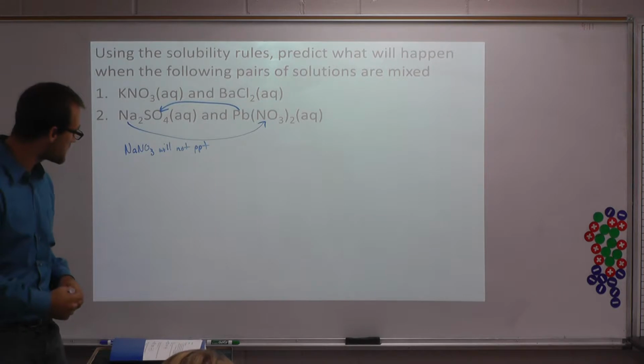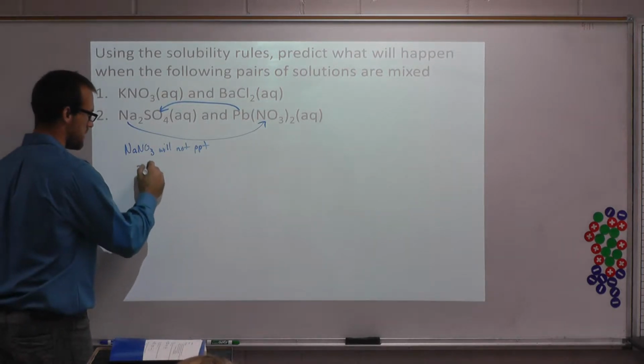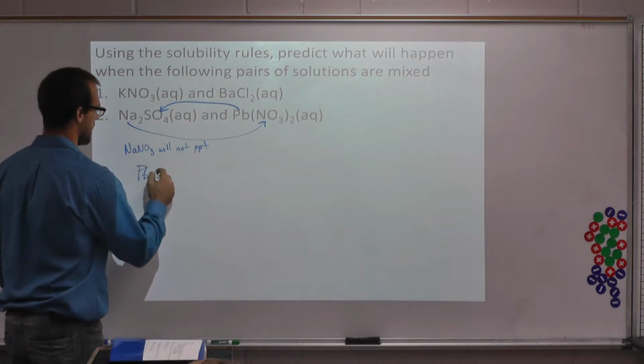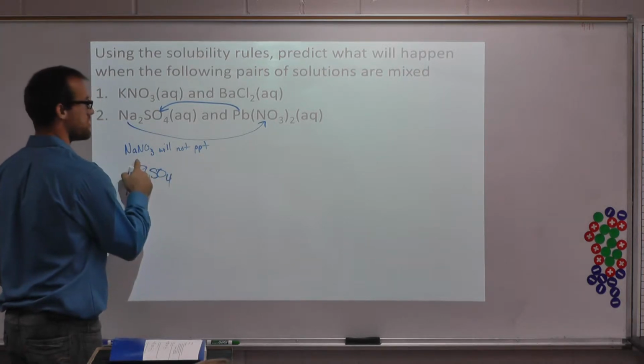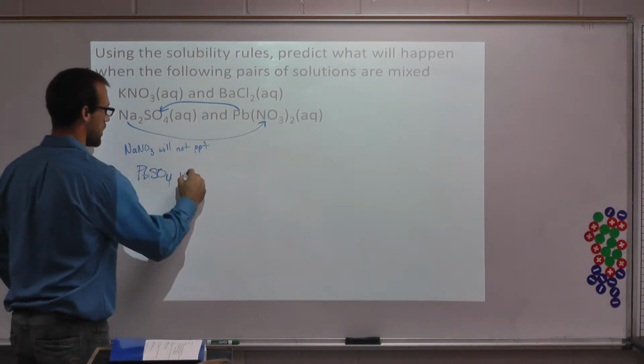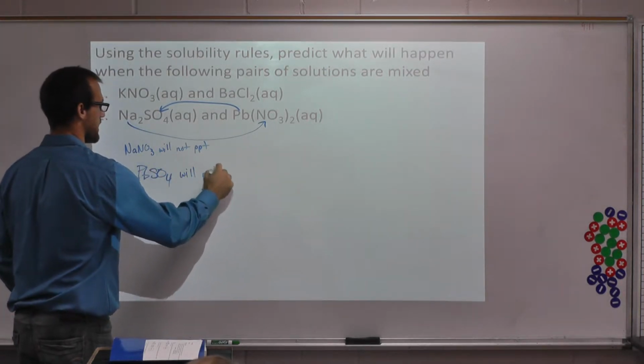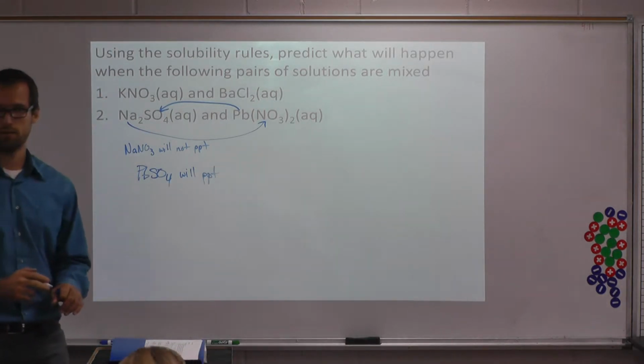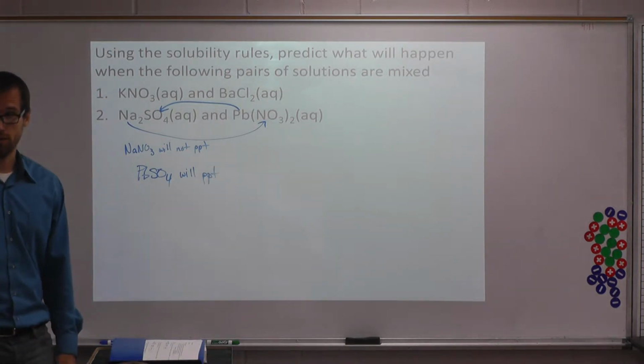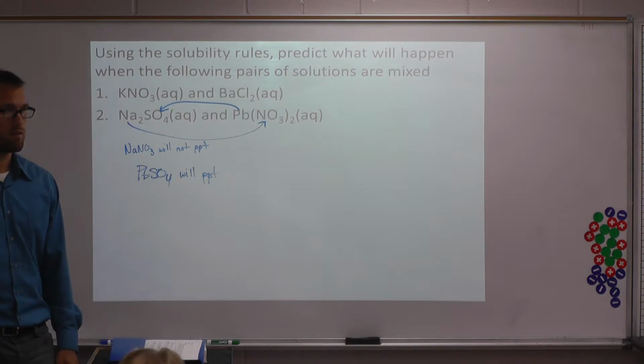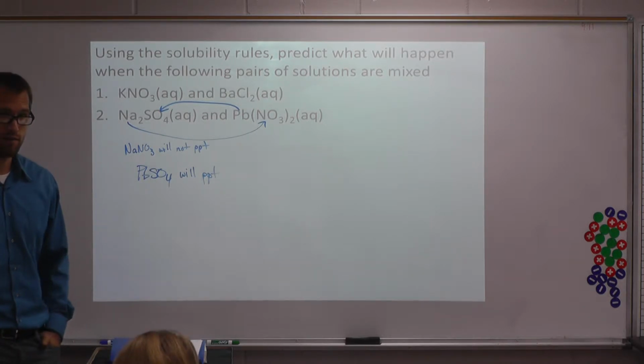So for this, we would say PbSO4, that's 2 minus, will precipitate out. Questions so far? Everyone see why it will precipitate out?